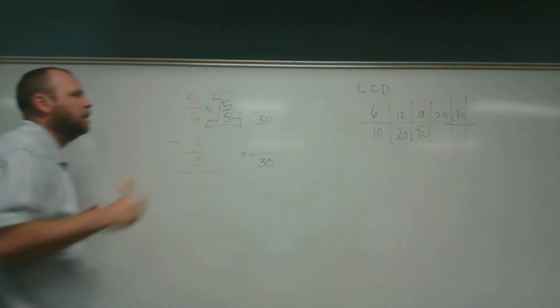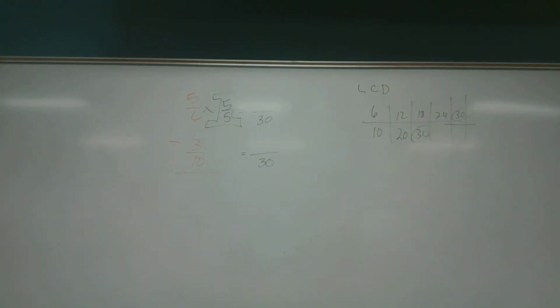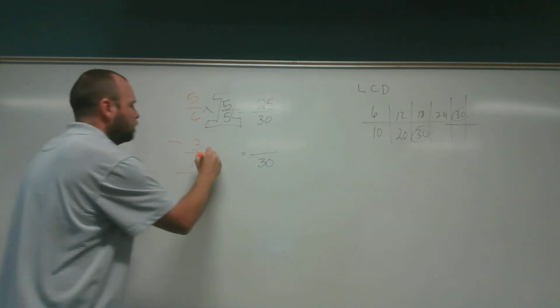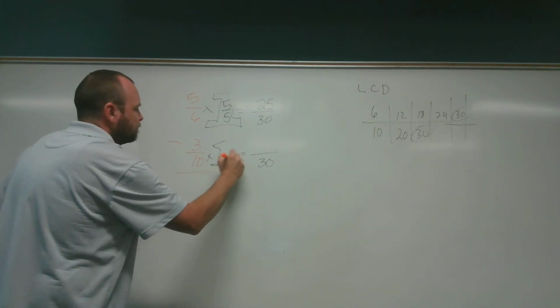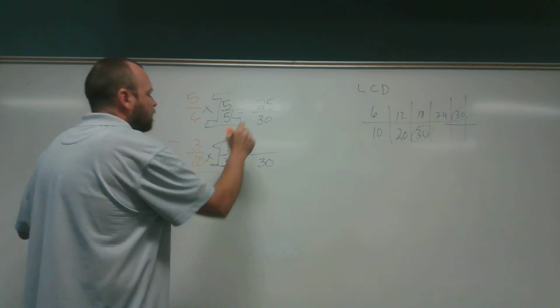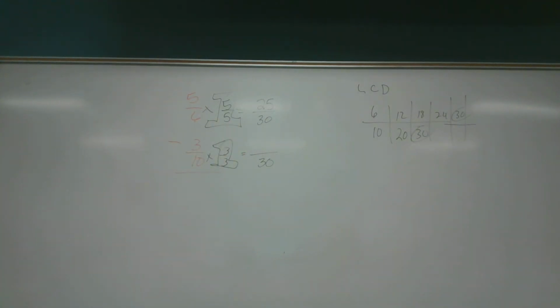And what is my numerator now? 25. And what would I multiply 3/10 by to give me a denominator of 30 without changing the value? 3 over 3. And my new numerator is? 9.